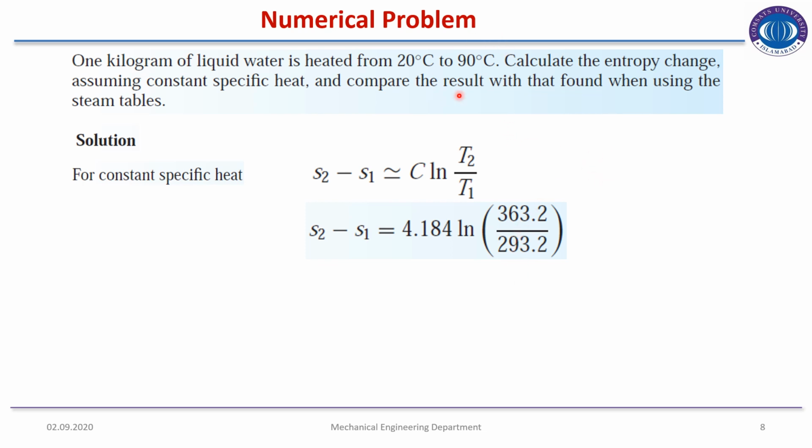Here the given temperatures are in degrees centigrade, so we have converted them into Kelvin. T2, that is 90 degrees centigrade, becomes 363.2, and 20 degrees centigrade, that is T1, becomes 293.2. So the change of entropy is equal to 0.895 kilojoule per kg Kelvin.